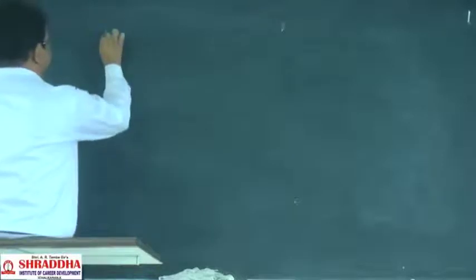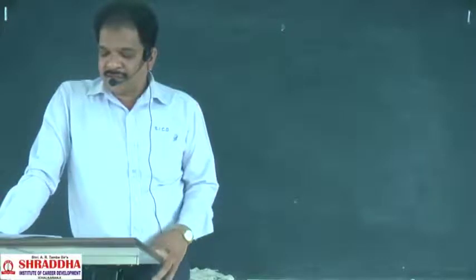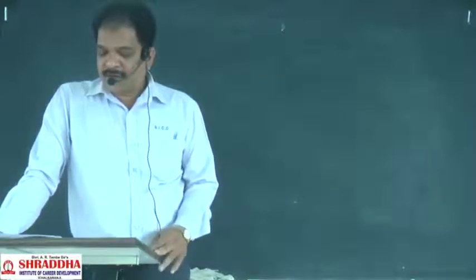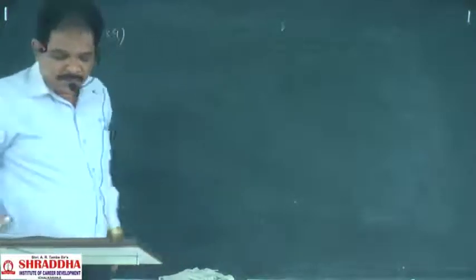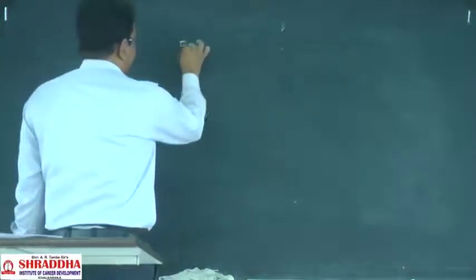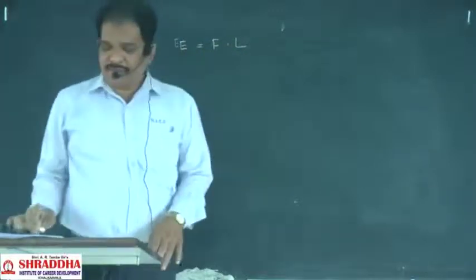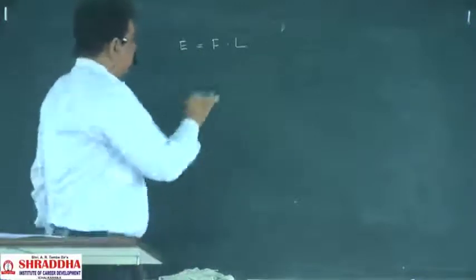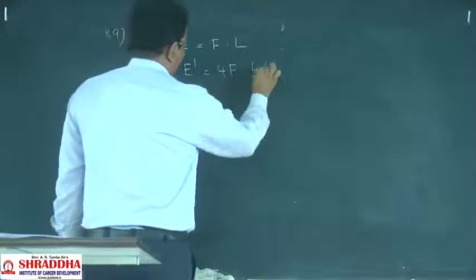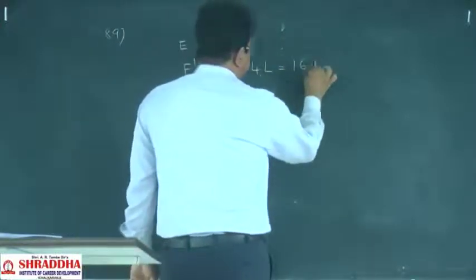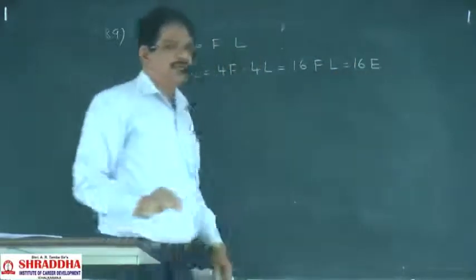Next, 89. Units of length and force are increased 4 times. And unit of energy will increase by how many times? So energy or work both will be same. Energy is equal to force into length. Both are increased by 4 times. 4F into 4L, this is 16FL. This will be 16E.